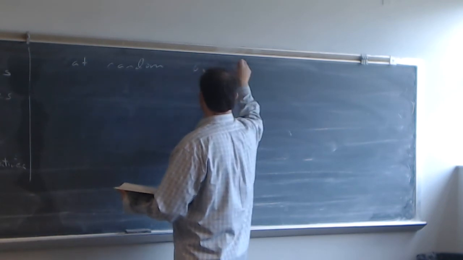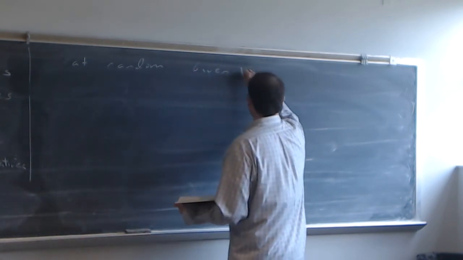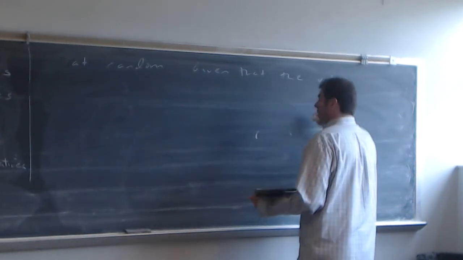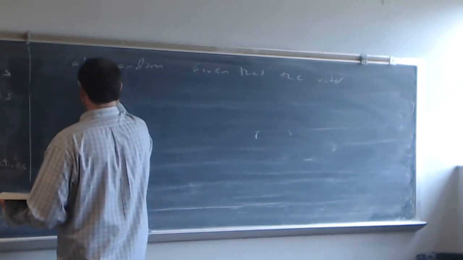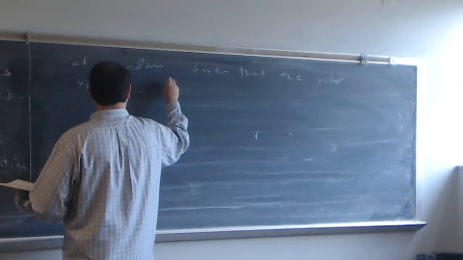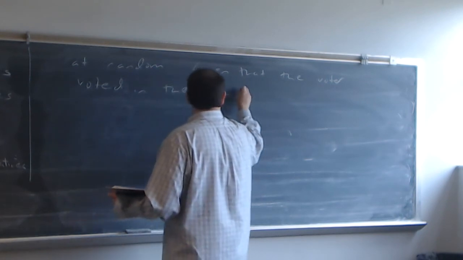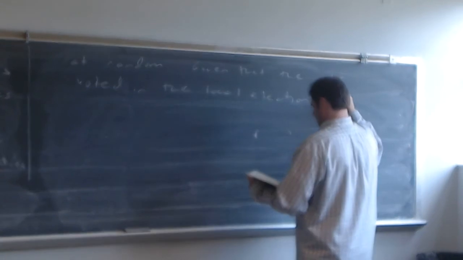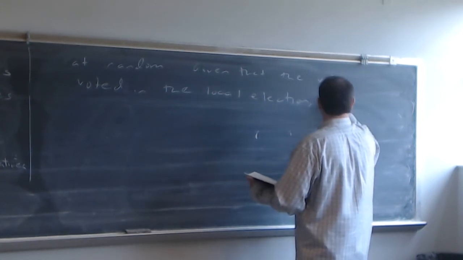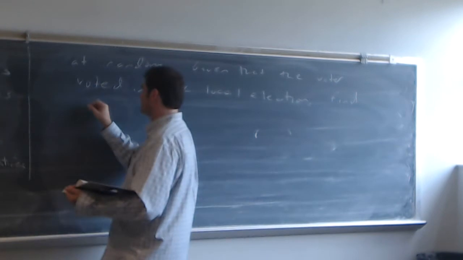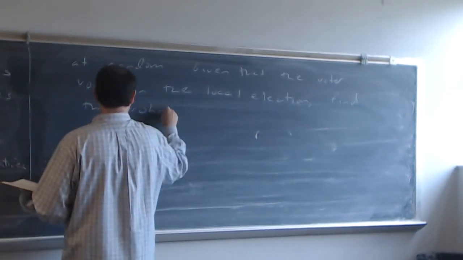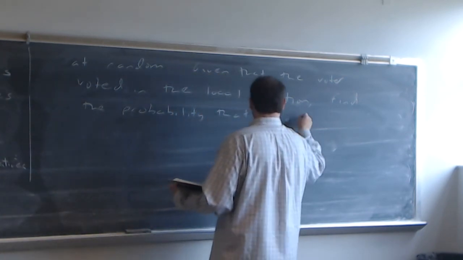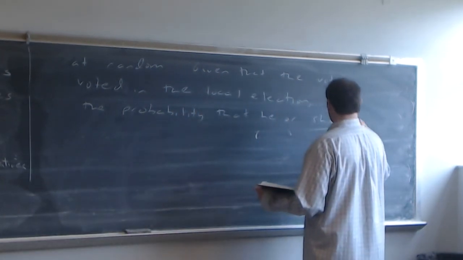Given that the voter voted in the local election, find the probability that he or she is independent.